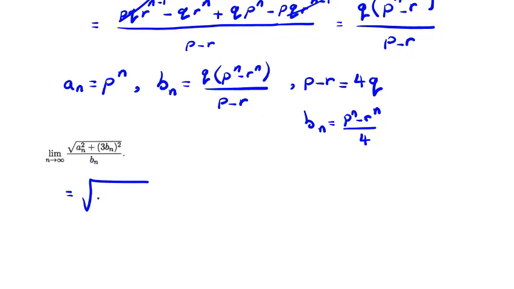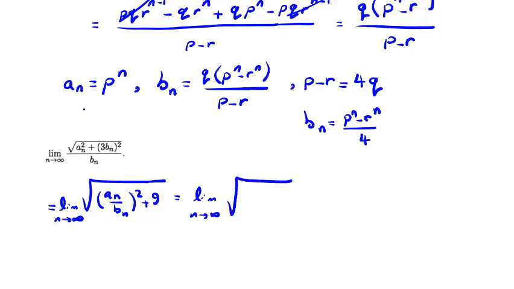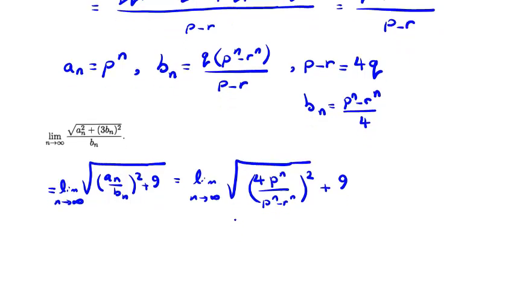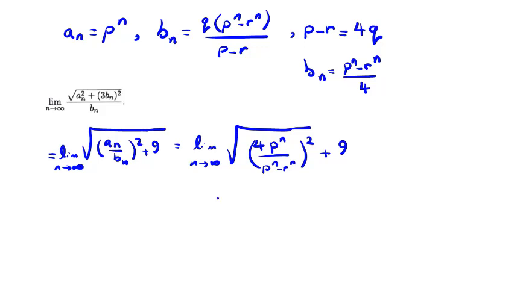So we take b_n inside, it will be a_n over the square root of b_n squared plus 9. And let me write the limit in front of that, as n approaches infinity. So it will be the limit as n approaches infinity of a_n over b_n. So it will be what? It will be 4p^n over p^n minus r^n, squared plus 9.